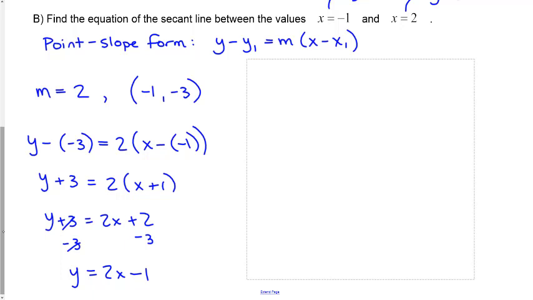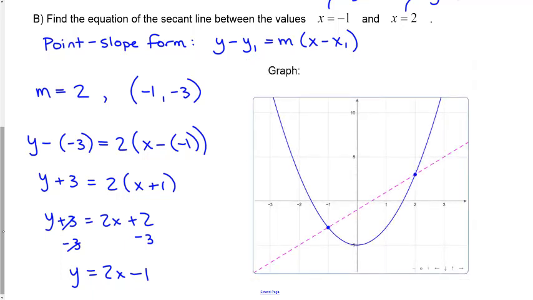So of the function 2x squared minus 5, I have that graphed here in blue. And then in purple but dashed, I have my secant line, because this is the coordinate -1, -3.